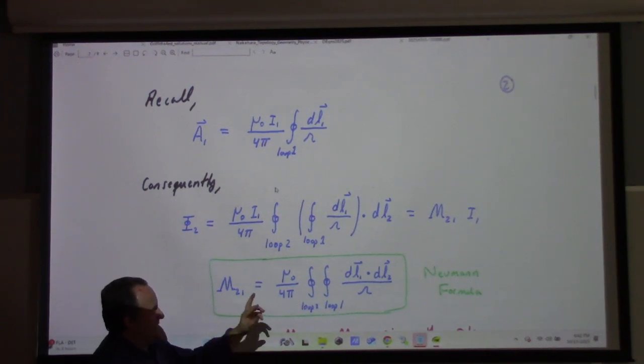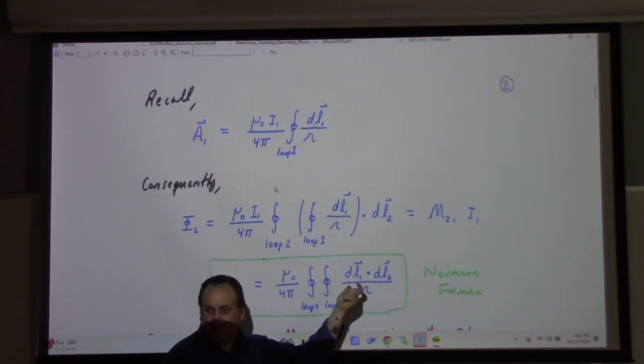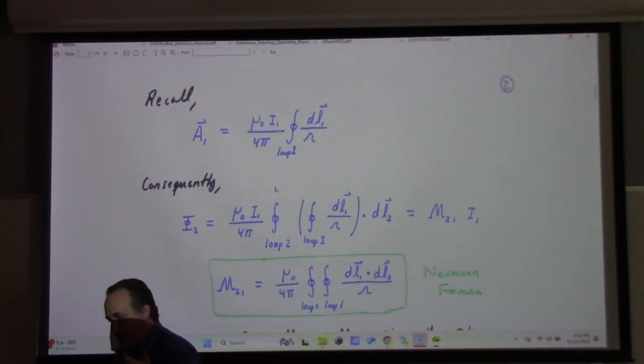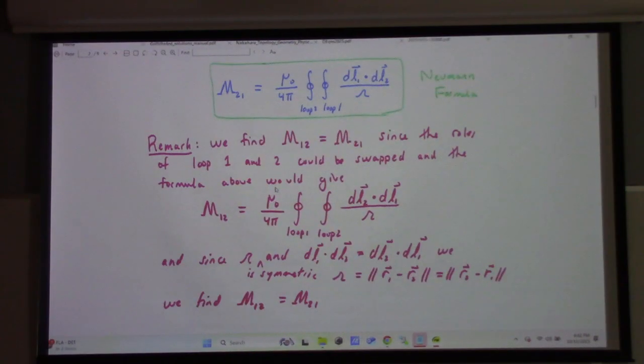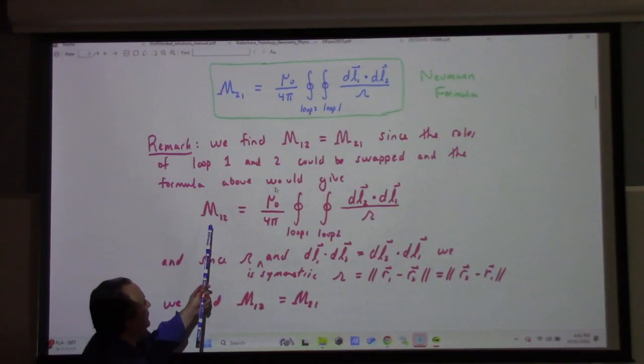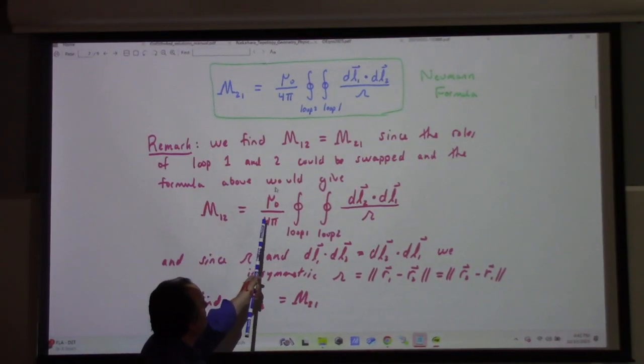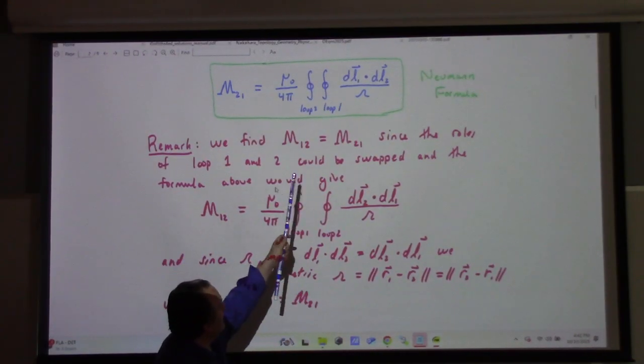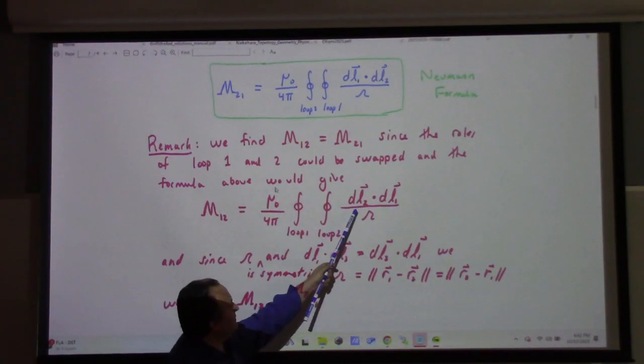But the dot product is commutative, you know? And the distance between the loops, the script R, is also symmetric with respect to the roles of 1 and 2, right? So if you look at the formula, we can write down M12 is the same but with loops 1 and 2 flipped.